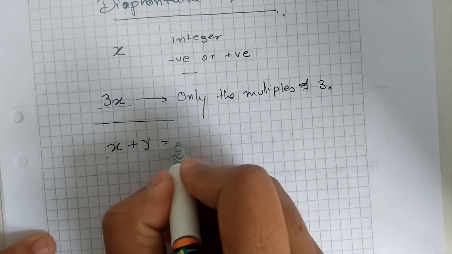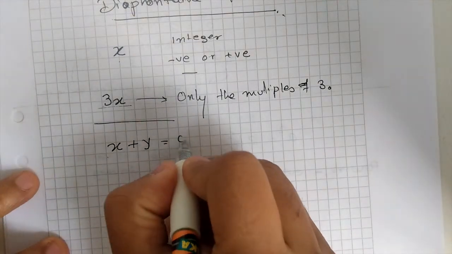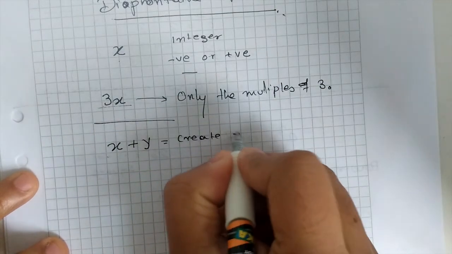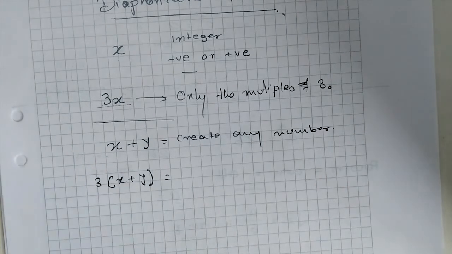From x plus y we can create any number in the number line. We can choose x as 1 and y as 4, and then create the number 5. We can take x as minus 1 and y as minus 3, and then create the number minus 4. So it does not matter, we can create any number.